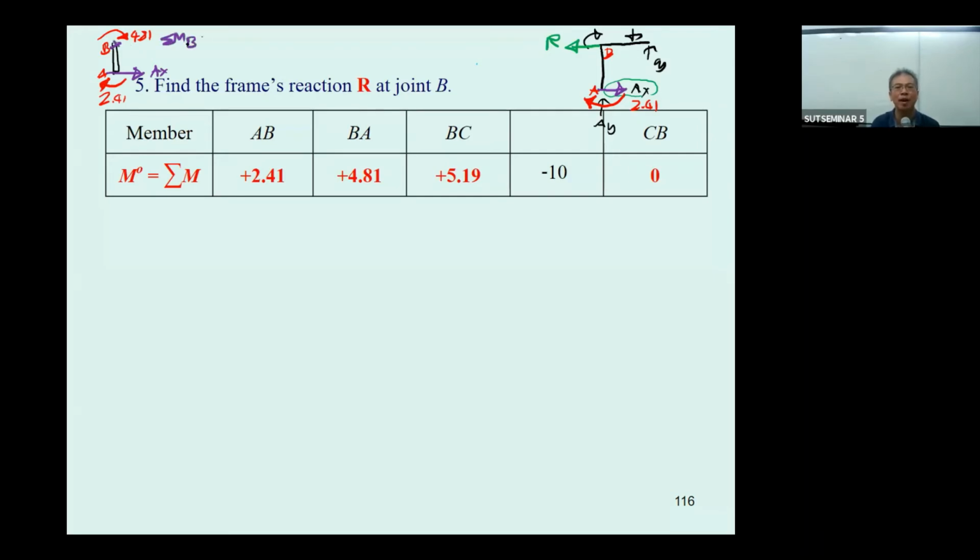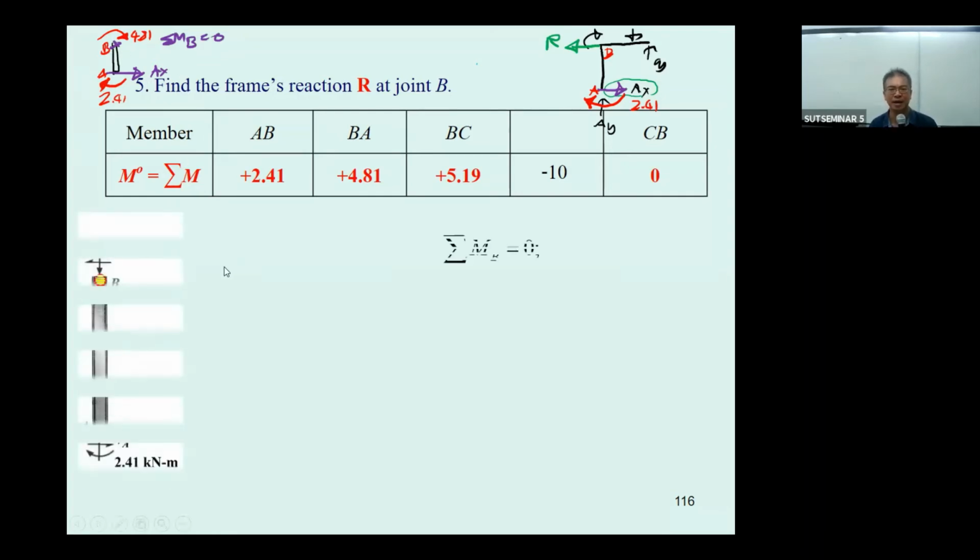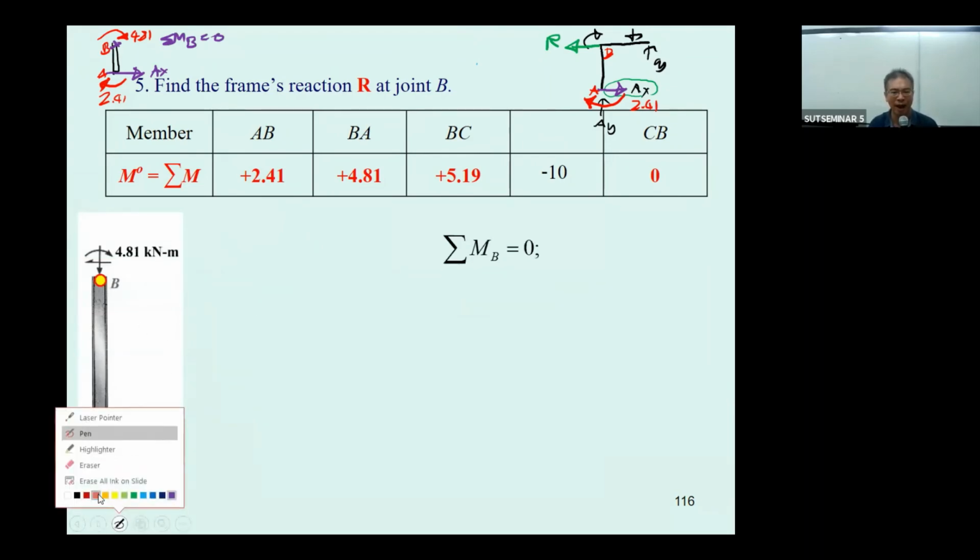Summation of the moment at B equal to 0. So the A sub X can be determined by looking at this. This is 2.41 as I drew it before, and 4.81 is here, and the A sub X, this one also the A sub X.